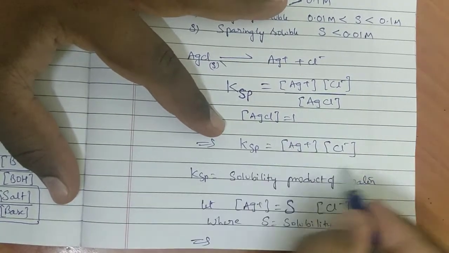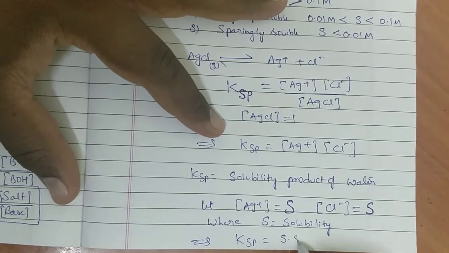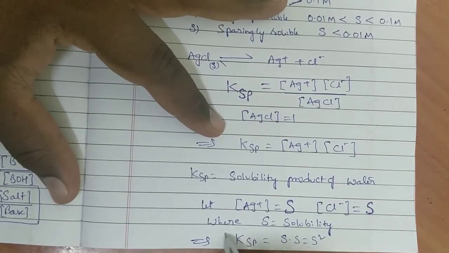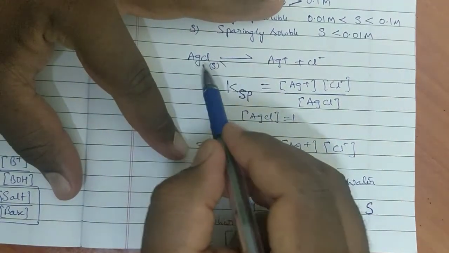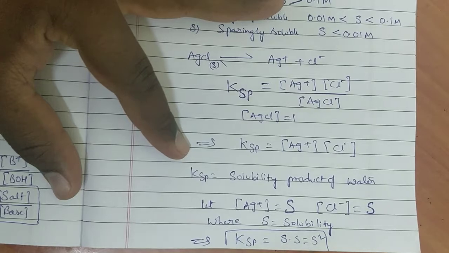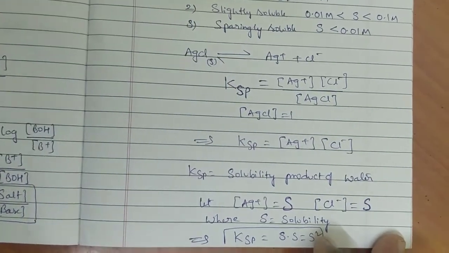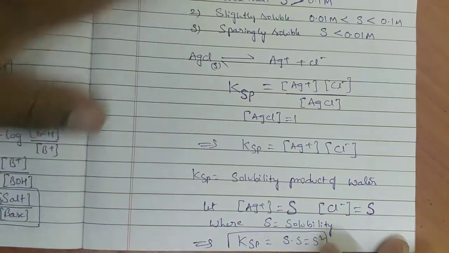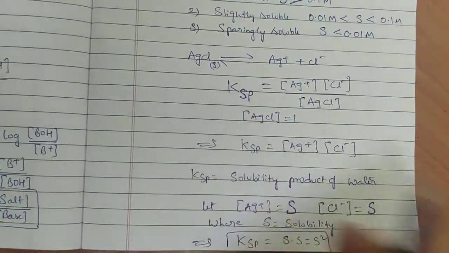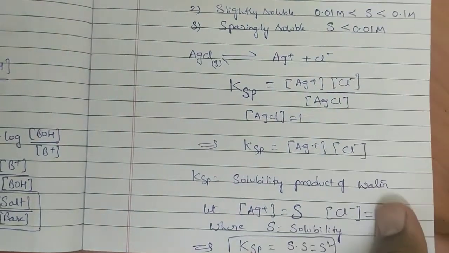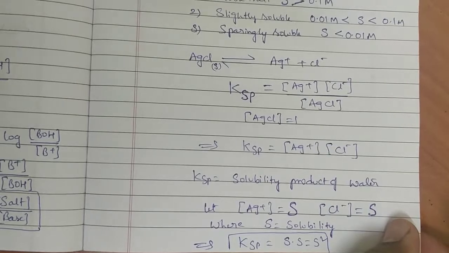This implies KSP is equal to S into S, which is S square. For this type of salts, KSP is equal to S square. Now we will learn the important formulas related to solubility product. Observe carefully. Note down carefully up to this.